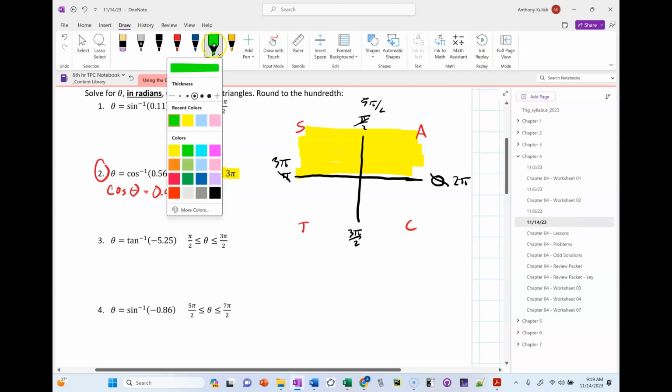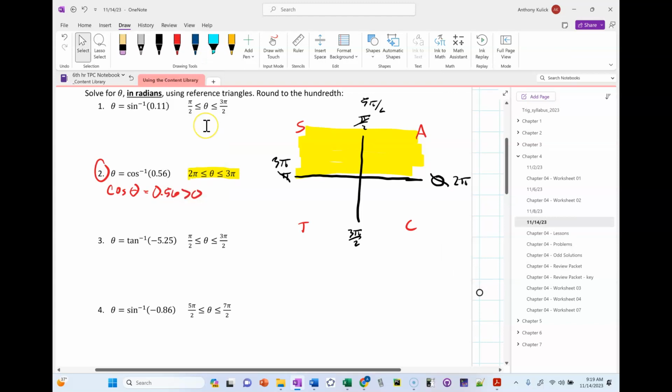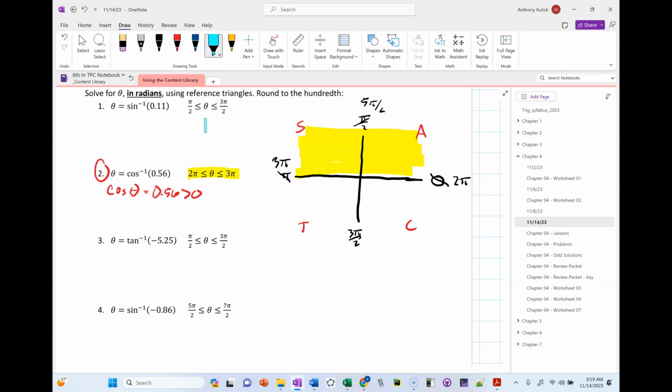The two quadrants where cosine is positive are the A quadrant, A for all sine, cosine, and tangent are positive, and the C quadrant for just cosine is positive. So I can see then that my terminal side of my angle theta should be in quadrant 1.